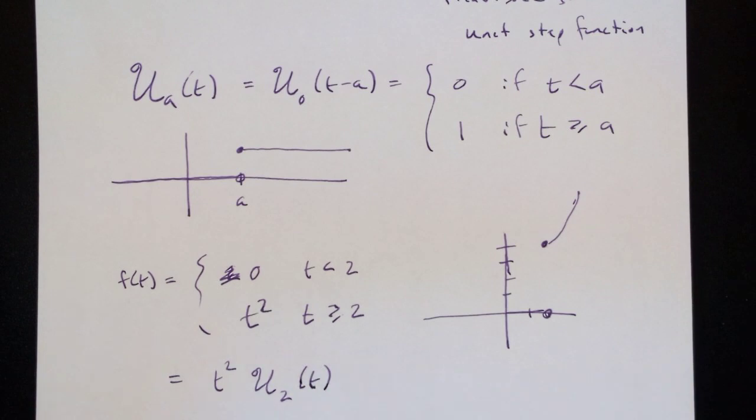Whenever t is less than 2, you've got t squared times 0. And isn't that going to give me a 0? And then as soon as you get past or equal to 2, you switch from 0 to 1. So we switch from nothing to t squared. I can use this to turn a function on or off.